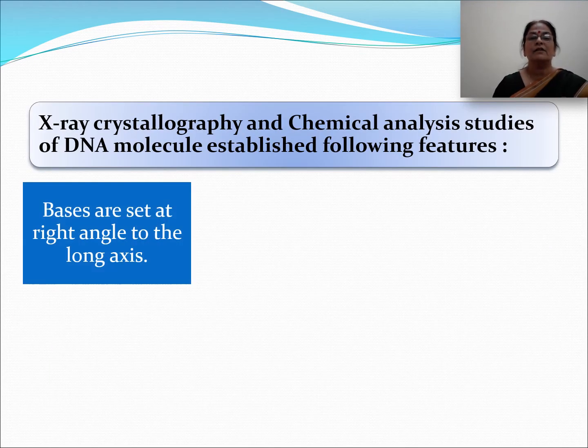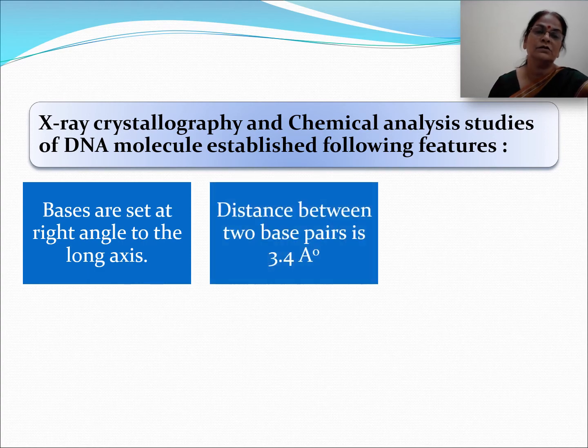X-ray crystallography and chemical analysis studies of the DNA molecule established the following features. Now, actually, this is the topography of DNA. Bases are set at right angles to the long axis. Everyone knows what the long axis is.